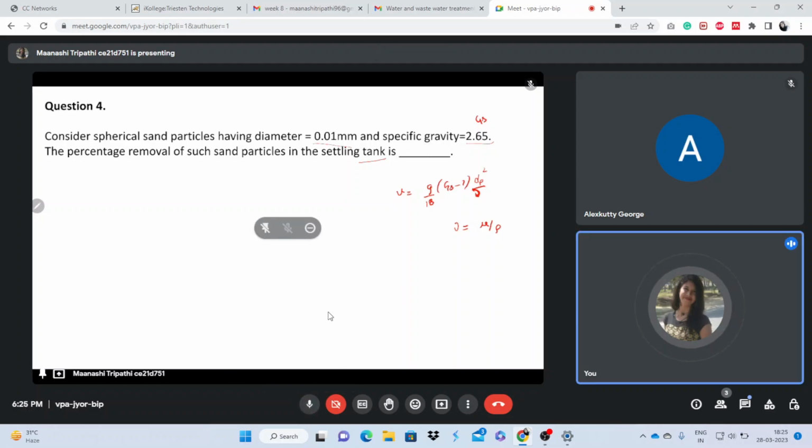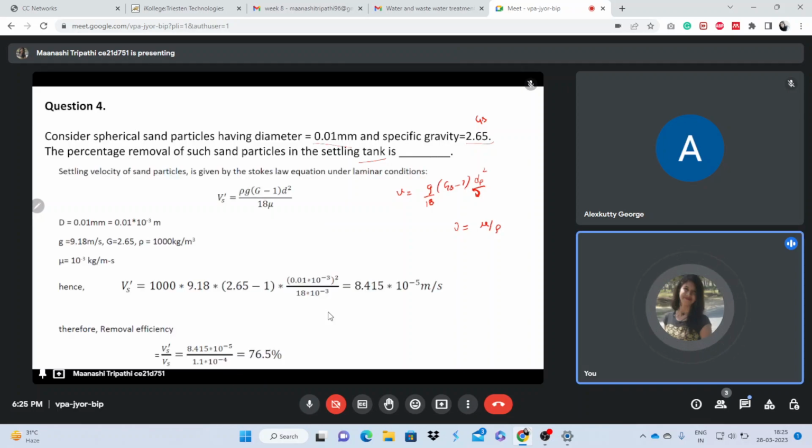We will see the solution now. So as I have already told, this will be the calculation.